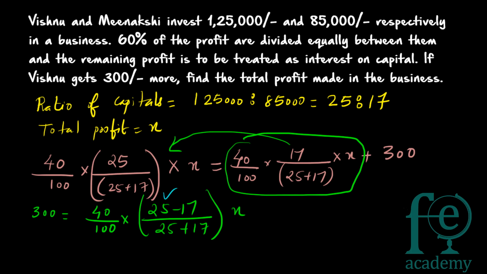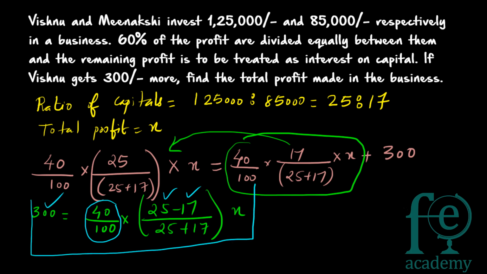So what are this 25 and 17? It is the ratio of the capitals. The capitals of Vishnu and Meenakshi are in the ratio of 25 and 17, and 40% is what they are dividing as per the ratio of the capitals. The remaining 60% they are dividing equally, and 300 is the difference. So this is a common formula that you can use for these kind of questions.